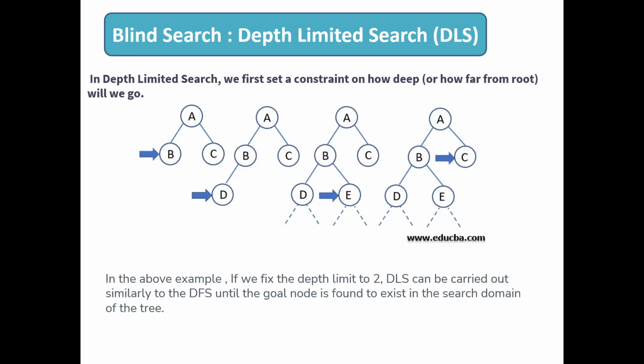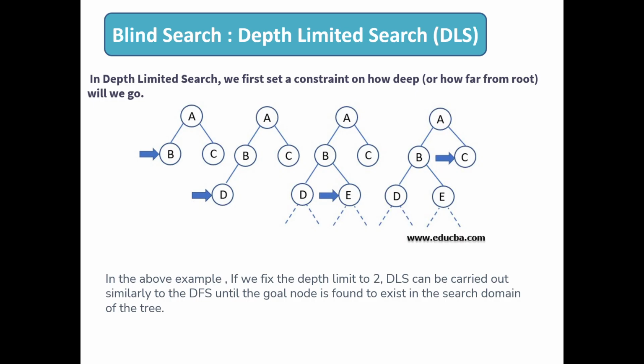Then the third one is depth limited search. In DFS, unnecessarily we had to search a larger number of nodes, even though the solution is in the second level or immediately next to your root level. So instead of visiting all the nodes, we limit the search. How do we limit?